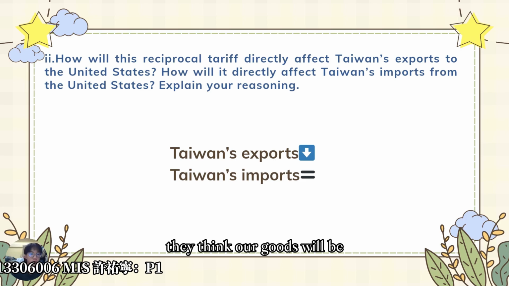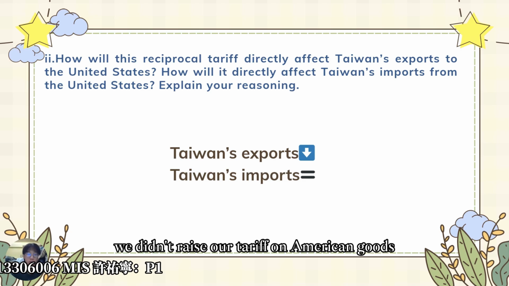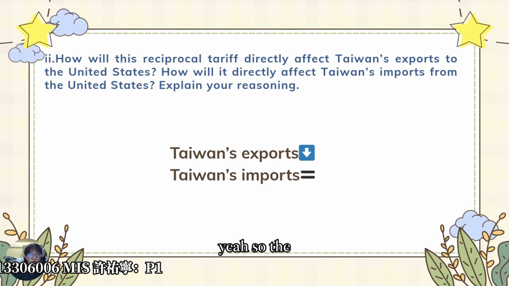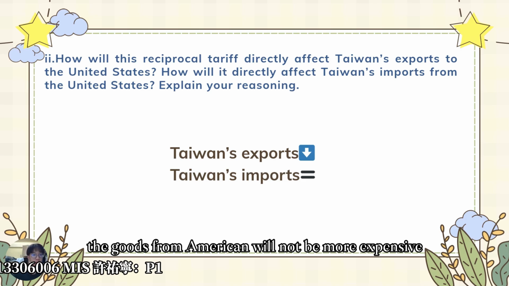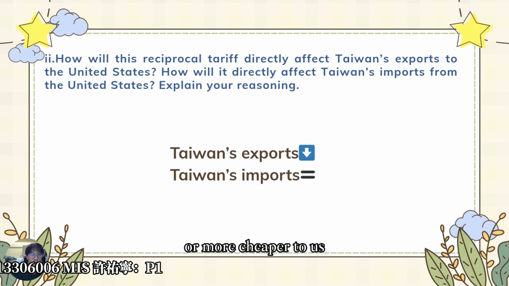And then Taiwan's imports from the US will not be directly affected because Taiwan didn't raise its tariff on American goods. So the goods from America will not be more expensive or cheaper to us.